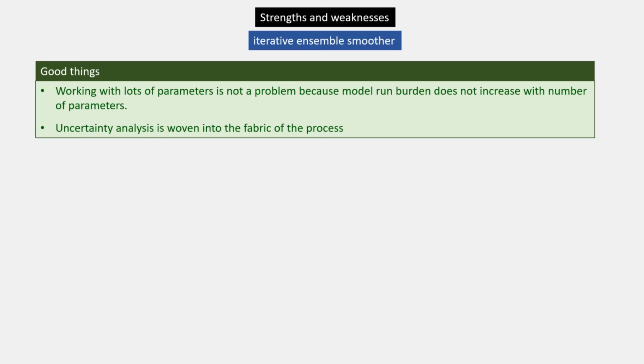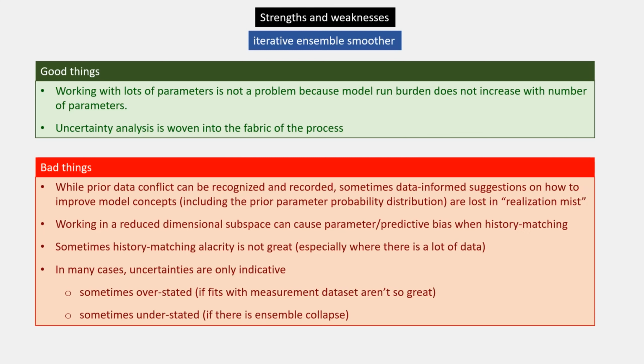And the dimensionality of the solution space is roughly equal to the number of independent pieces of information in the calibration dataset. So ensemble methods use this dimensional reduction, as it's called, to work only in a subspace of parameter space comprised of samples of the prior to solve the inverse problem in that space. And then uncertainty analysis is woven into the very fabric of the inversion process.